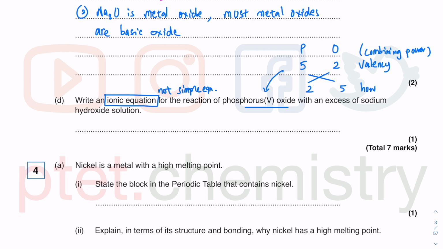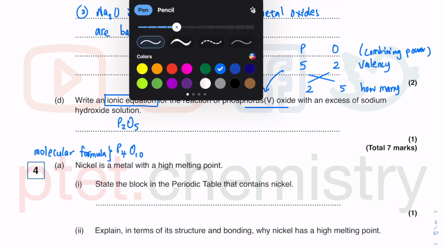So we know P2O5 is basically the empirical formula of phosphorus 5 oxide, of which the actual molecular formula, the actual number of atoms in one single molecule, is going to be P4O10. So whether you use P2O5 or P4O10 here, you should be all right.